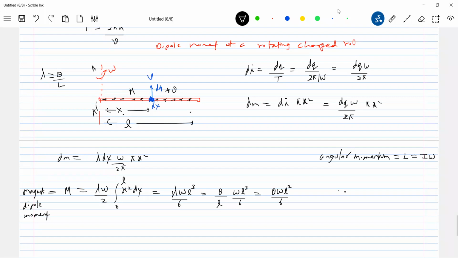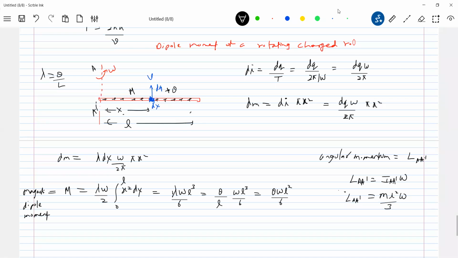Angular momentum L a dash should be equal to how much? L a dash equals I a dash into omega, which is equal to ml square by 3.